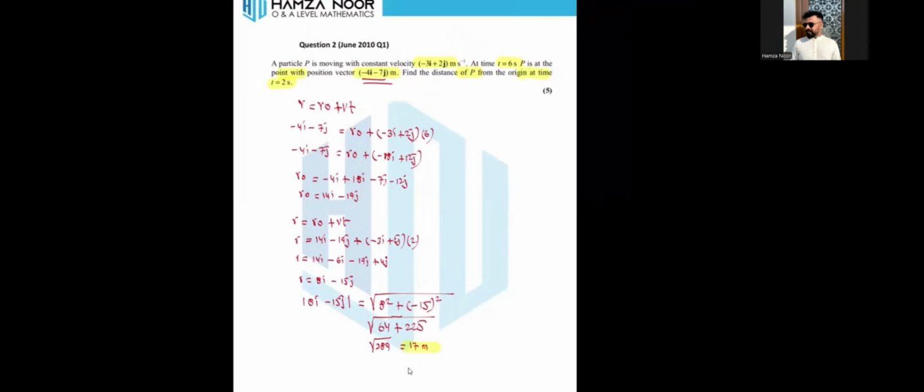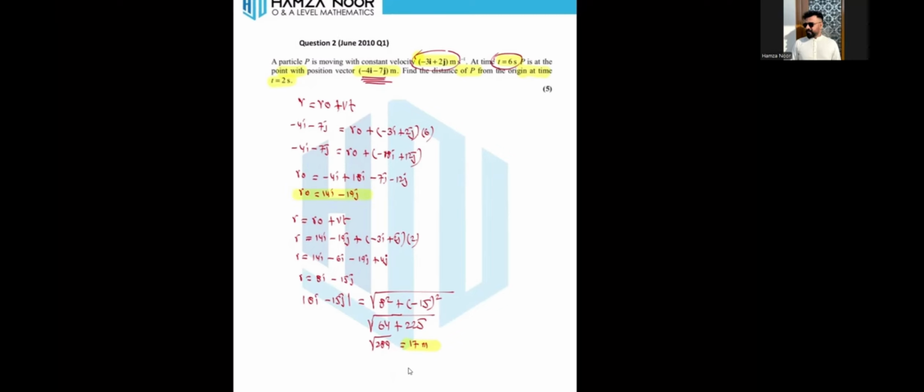The r naught vector was not given to you in the question. We were given the constant velocity vector, and the position of the particle when t equals 6 seconds, which was minus 4i minus 7j meters. Using this information, first we found the r naught vector, the initial position vector of the particle when time t equals 0.